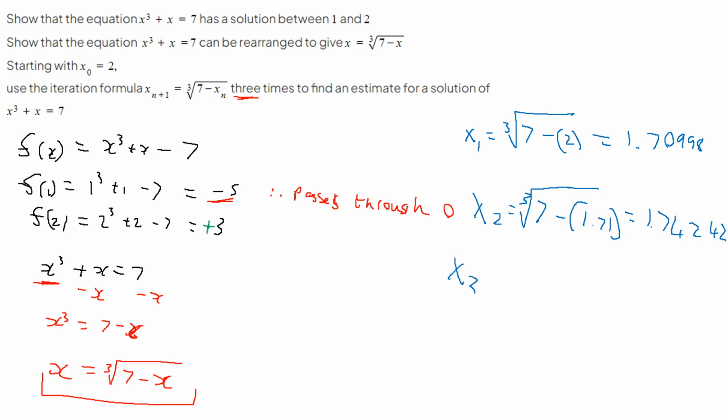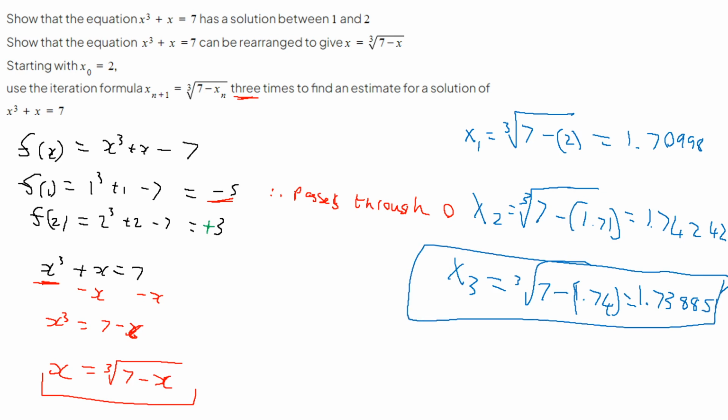And x3, and this is the one that they're after, is equal to the cube root of 7 minus 1.74, which is simply going to be equal to 1.73885. And that is our final solution because this is the 3rd iteration.